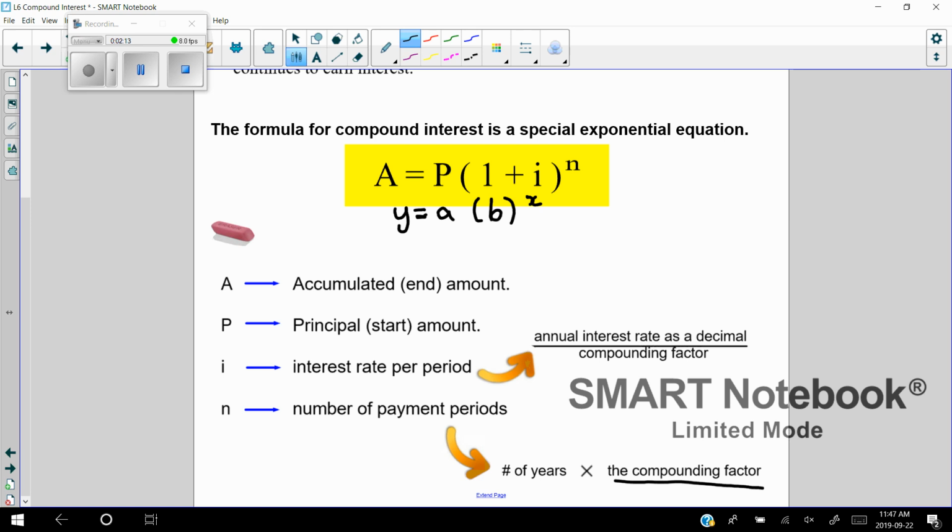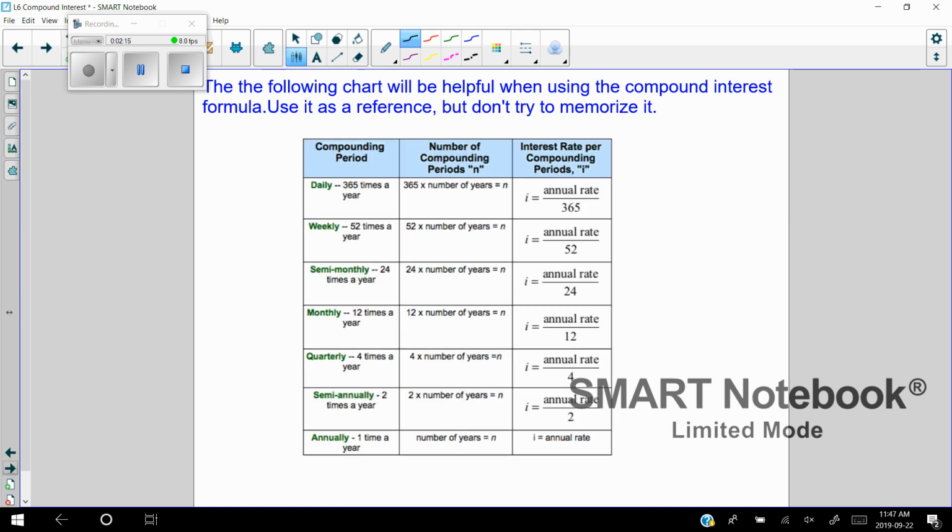So your compounding factor is basically how many times a year you are going to get interest. So maybe it's daily. If it's daily, that means your compounding factor is 365. Maybe it's weekly. If it's weekly, that means your compounding factor is 52.